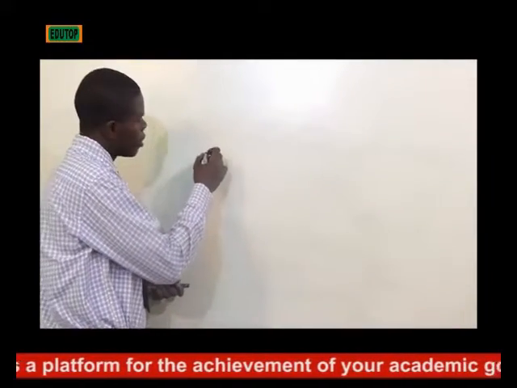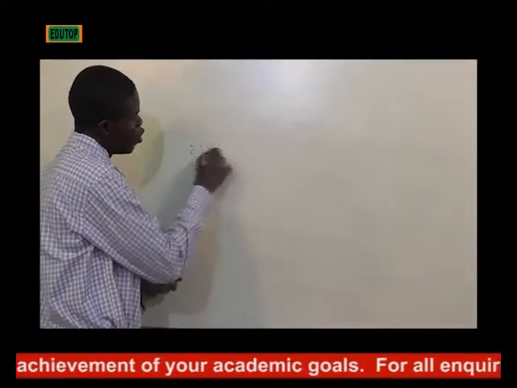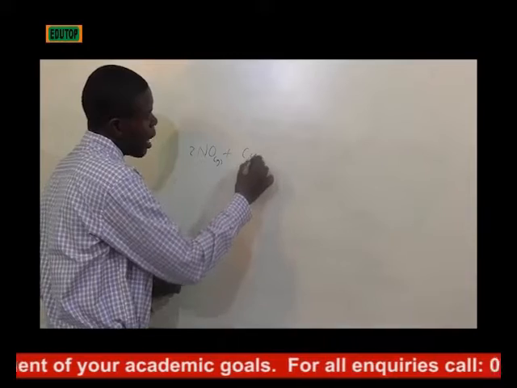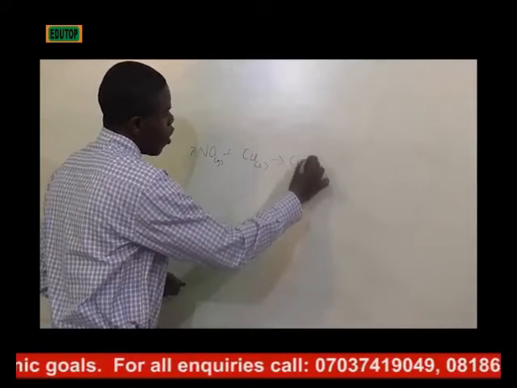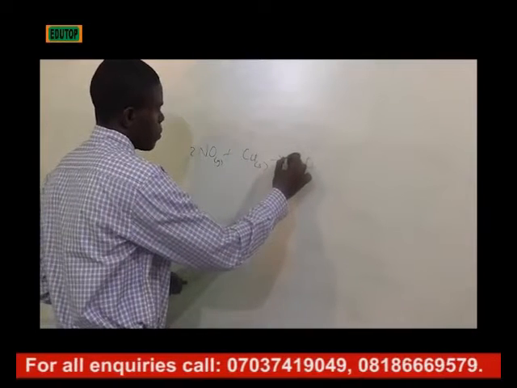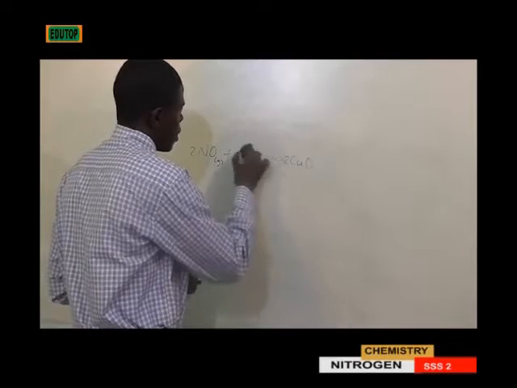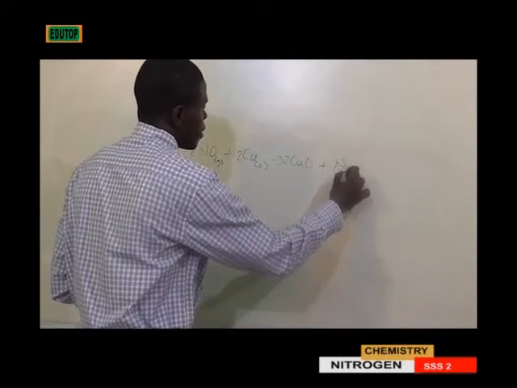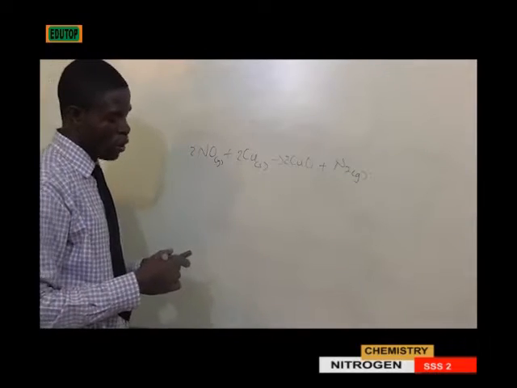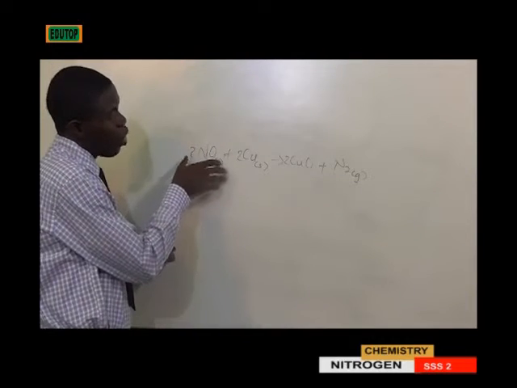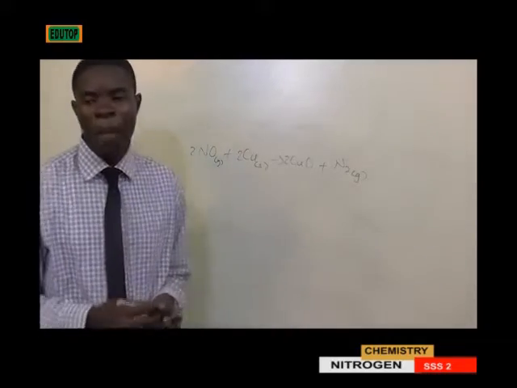In that situation, 2 moles of nitrogen 2 oxide gas reacting with copper, which is a hot metal, gives copper 2 oxide and the constituent gas, which is nitrogen gas. So this is the reaction of nitrogen 2 oxide with hot metals such as copper.